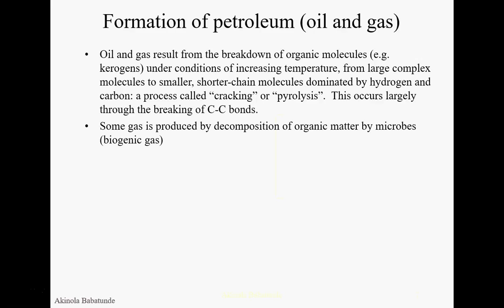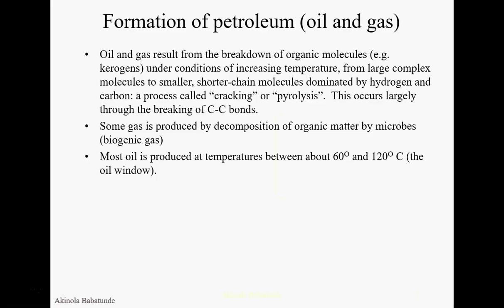Some gas is produced by decomposition of organic matter by microbes. This can also be called biogenic gas. Most oil is produced at temperatures between 60 degrees and 120 degrees. This is usually referred to as the oil window.